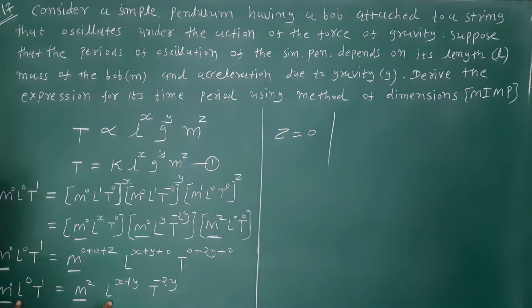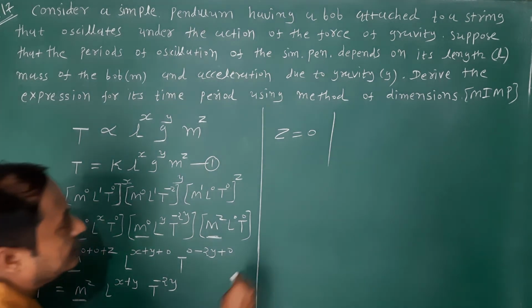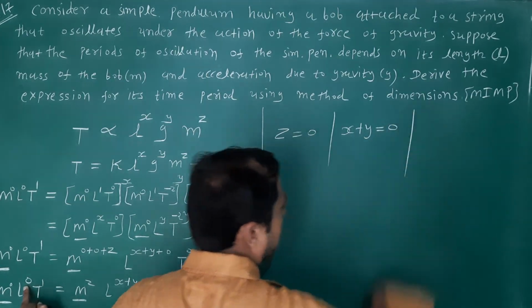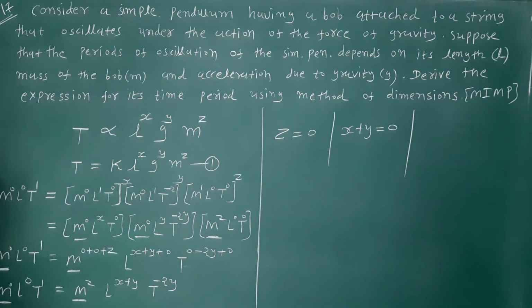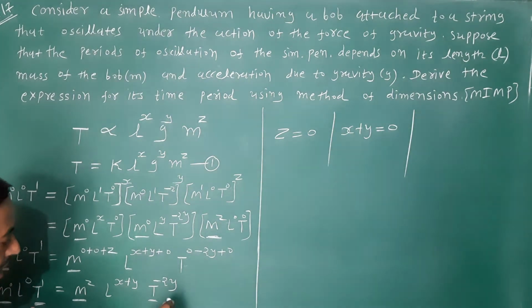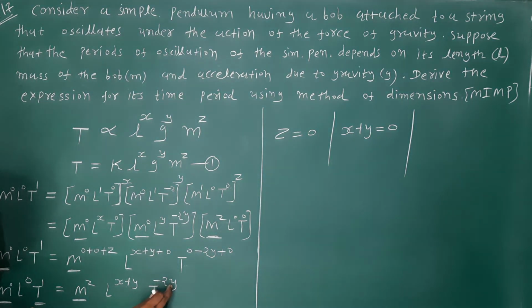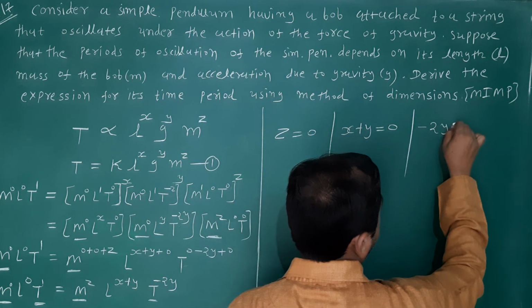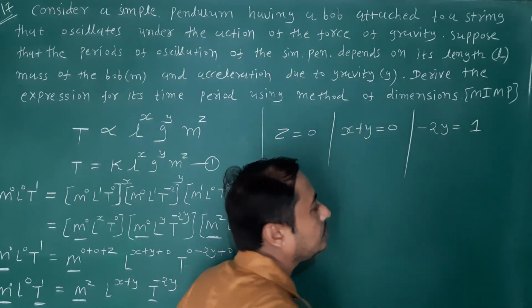Same way, x plus y is equal to 0, because the power of L on the left hand side is 0. And for T, the power of T on the left hand side is 1, so minus 2y is equal to 1.